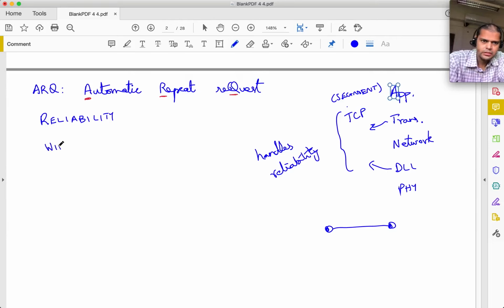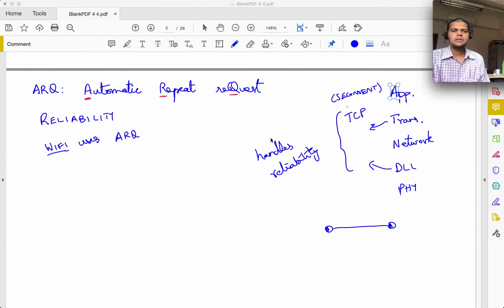Let me just write that down. And since the wireless link for Wi-Fi is prone to so many errors, it makes sense to actually retransmit the packet there if at all it's detected as being lost. Or I should say not packet, I should say frame.